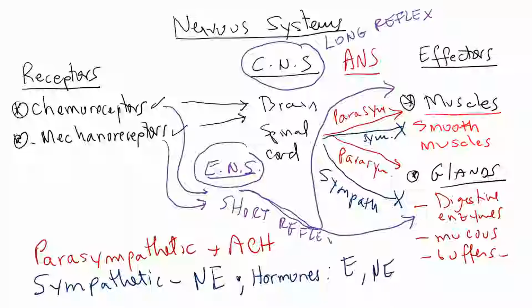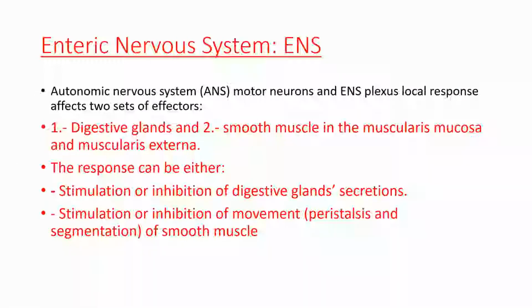The word reflexes denotes that this is autonomic. These are autonomic responses. So the GI tract is receiving a stimulation from two sources: the central nervous system via autonomic nervous system motor neurons, and the enteric nervous system, which is local.